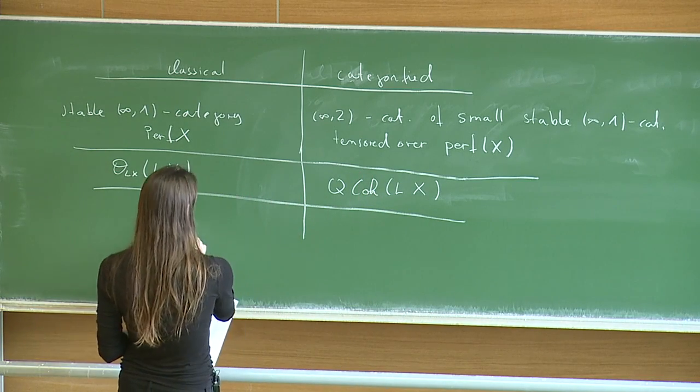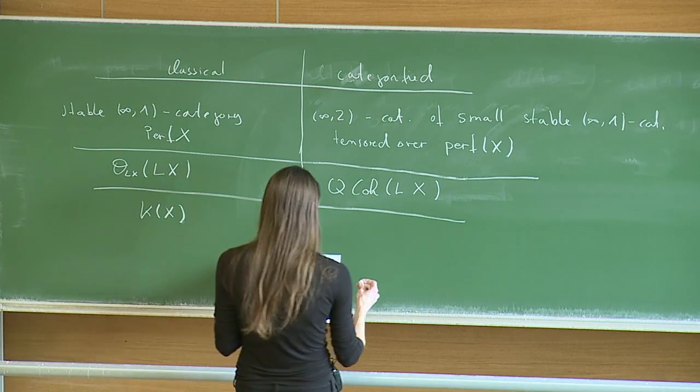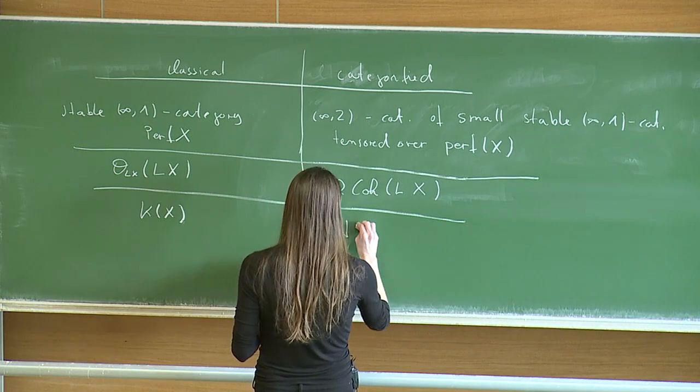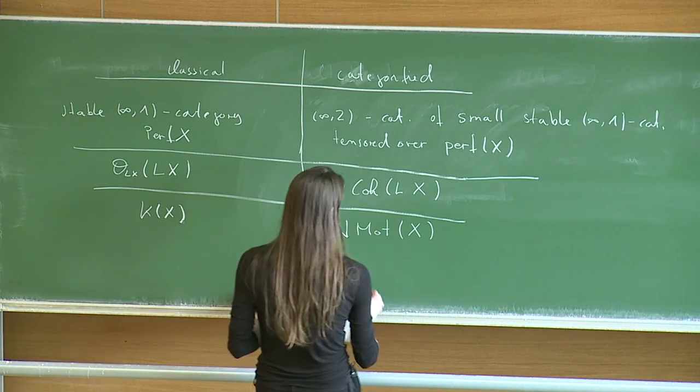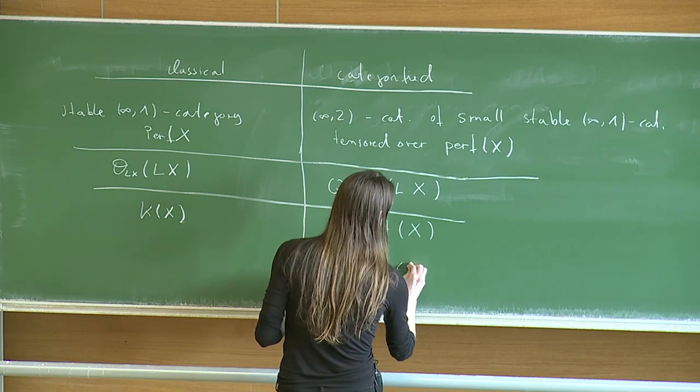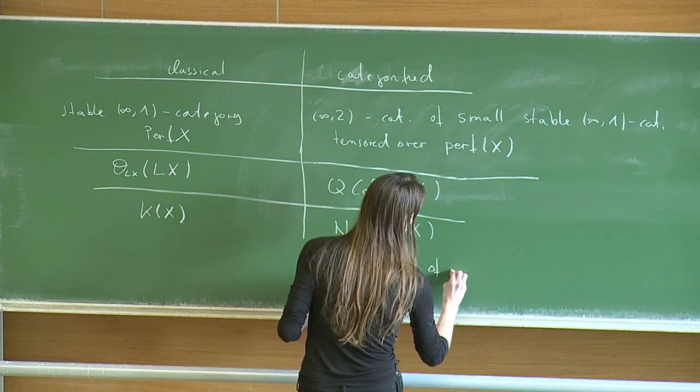And the categorified version of K theory is a category of non-commutative motives, which I will introduce during this talk. So this is the category of non-commutative motives.